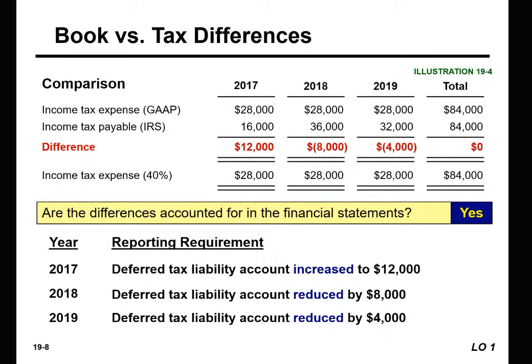This year there is a taxable temporary difference of $12,000. We know that there's $12,000 that will need to be taxed in future years, but is actually related to this year because our expense is $28,000. So we have a liability of $12,000. That's going to occur at some point in the future.